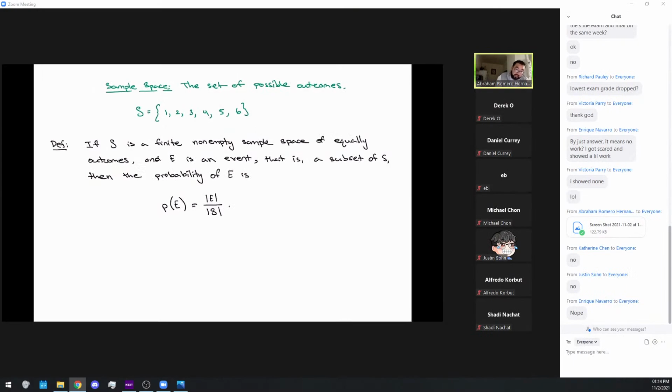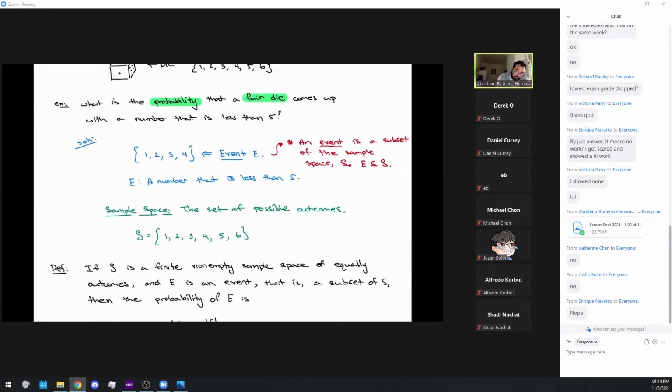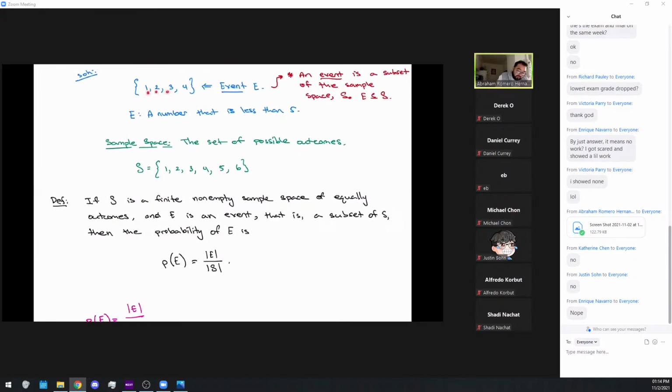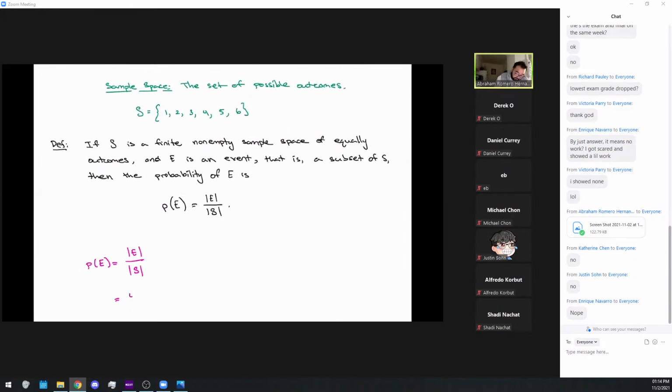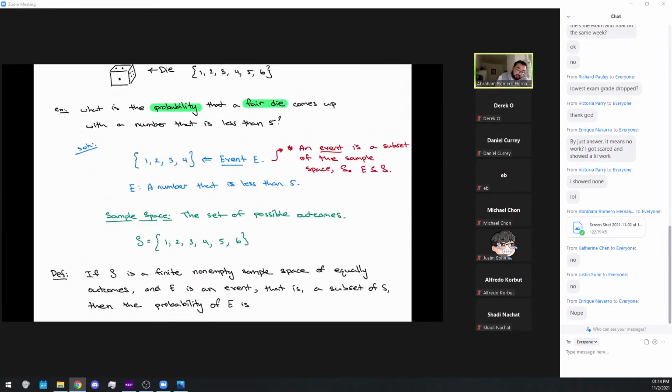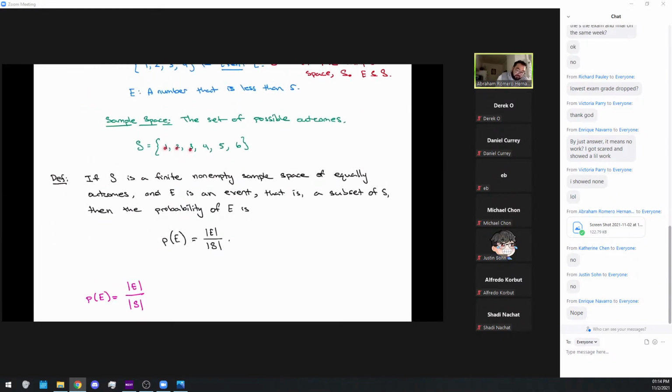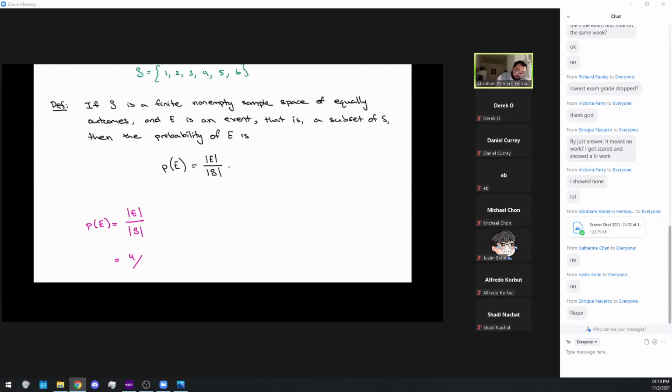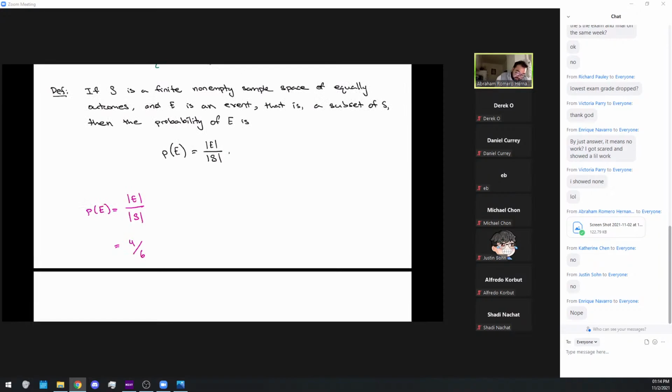Well, our probability is, and this is how I'm going to write it, the probability of E, capital E, is the cardinality of E divided by the cardinality of S. Well, the cardinality of E is 1, 2, 3, 4 divided by the cardinality of S, which is 1, 2, 3, 4, 5, 6. So my probability is equal to 2/3. Any questions on that?